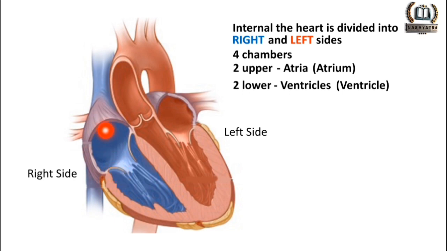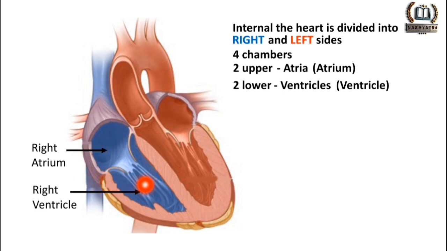So see here, this is the right side of the heart and this is the left side of the heart. So the upper right side is called the right atrium and the lower right side is called the right ventricle. And the left upper chamber is called the left atrium and this lower left chamber is called the left ventricle.